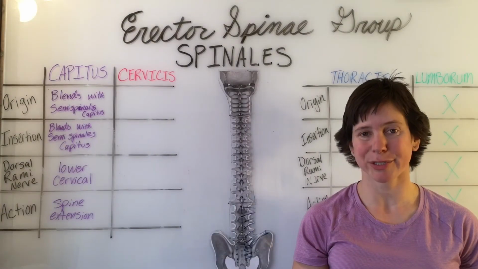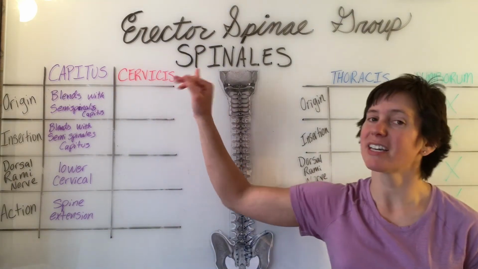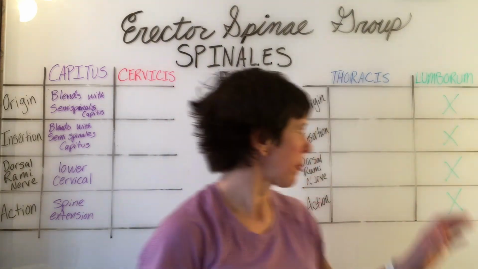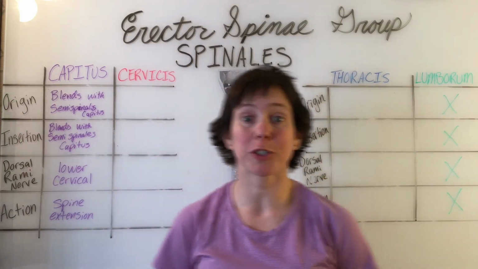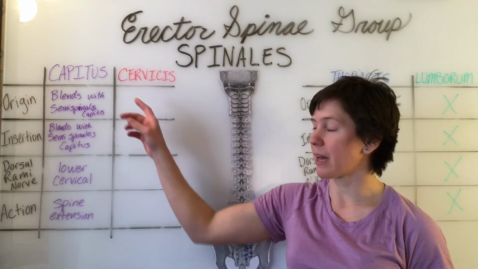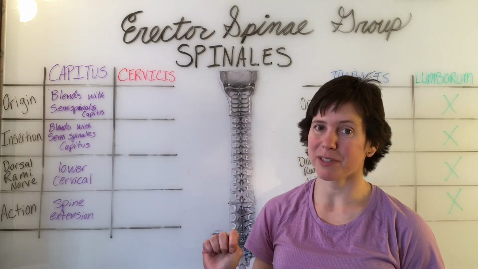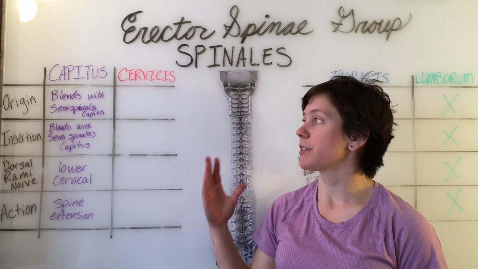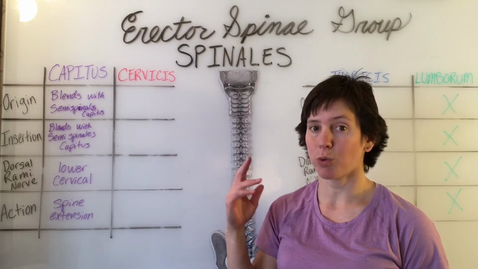The Spinalis group consists of a Spinalis capitis, Spinalis cervicis, and a Spinalis thoracis. There is no Spinalis lumborum. We're going to start with the Spinalis capitis. The origin and insertion for Spinalis capitis is kind of blurry because it blends with the Semispinalis capitis, which we'll get to later.